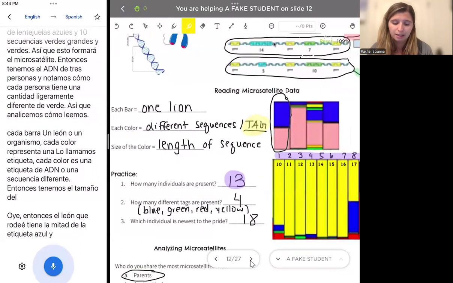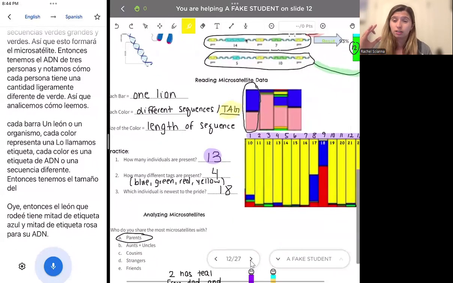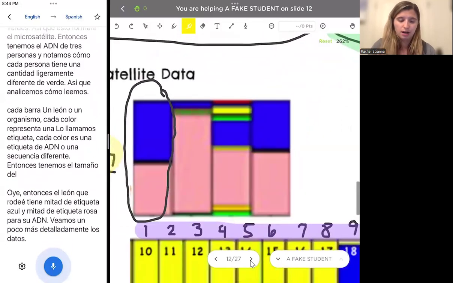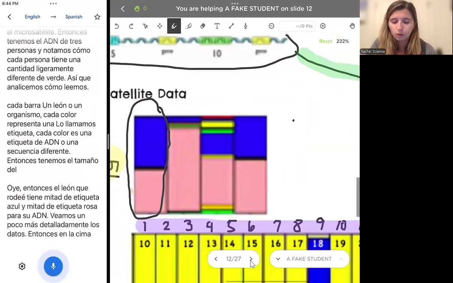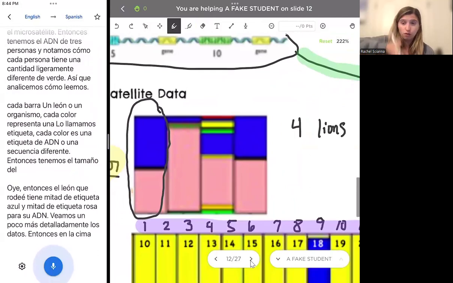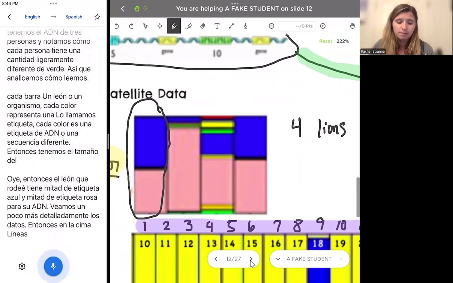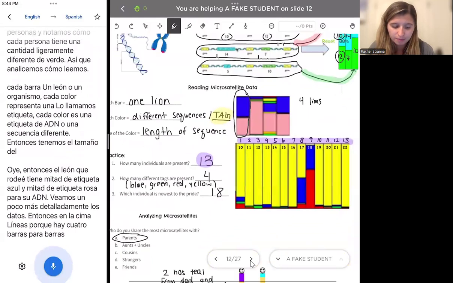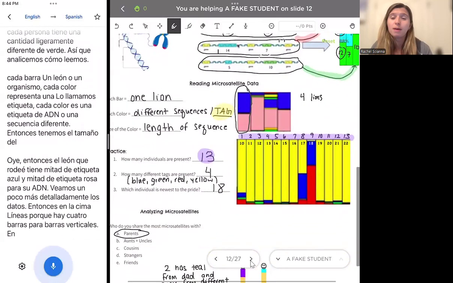Let's look at a little bit harder data. So in the top microsatellite, there are 4 lines because there are 4 vertical bars. In the bottom microsatellite, it says practice. How many individuals are present?